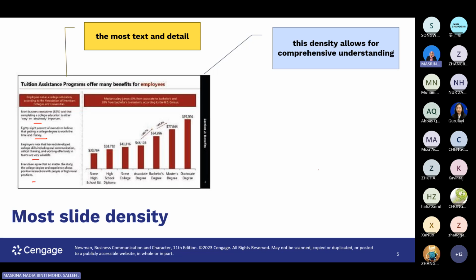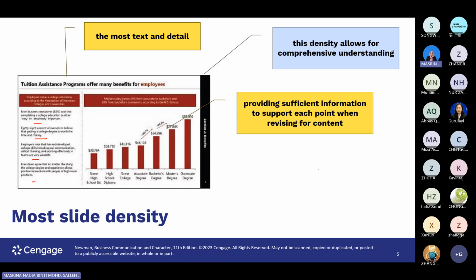The reader can absorb all the necessary context and supporting arguments without external narration. This aligns with this chapter's emphasis on providing sufficient information. That is the main purpose of this design.